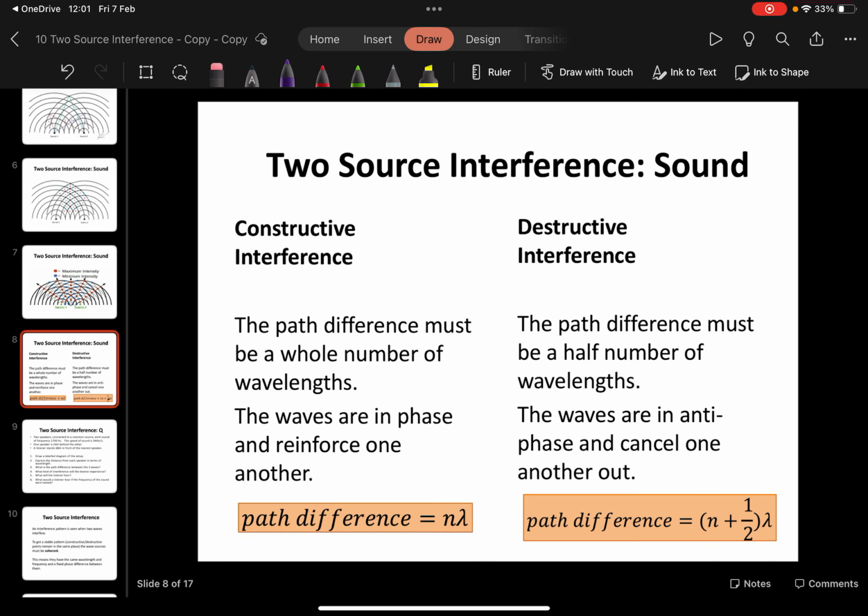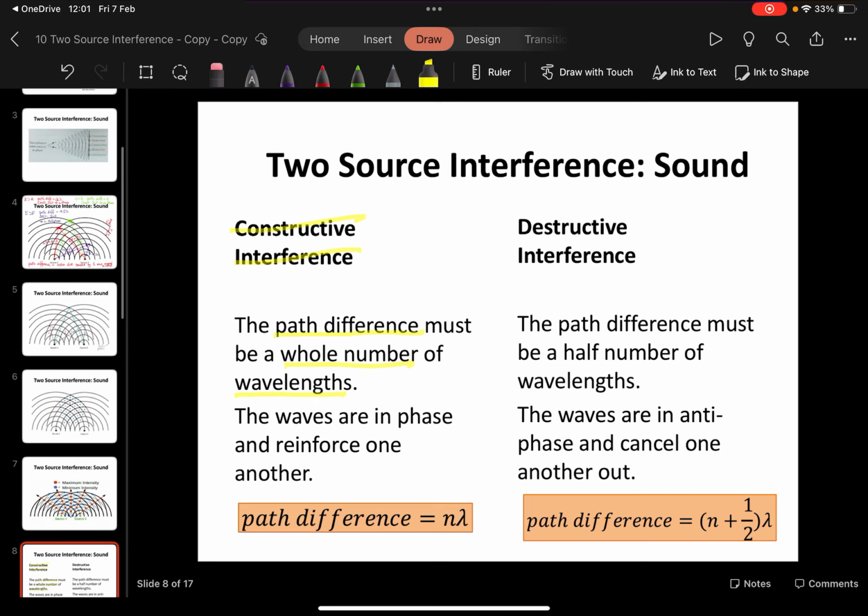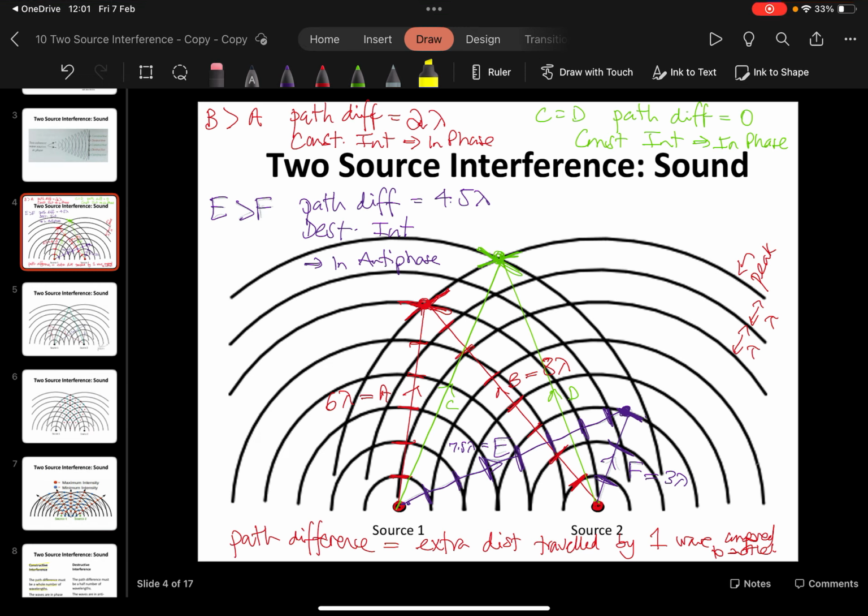So here is your summary. In order for there to be constructive interference, the path difference must be a whole number of wavelengths. So if we go back to the diagram that we drew, when did we observe constructive interference before?